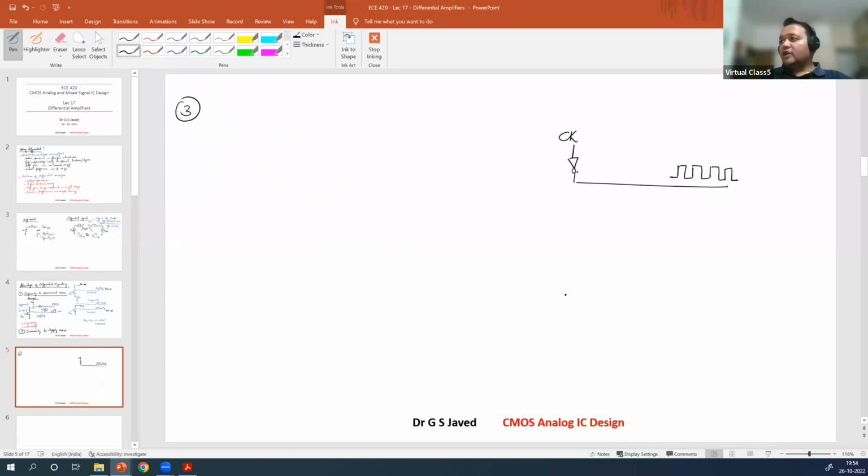Right? And second, you have another clock signal. Okay. Now, if you observe, the clocks are differential to each other, clock 2 and clock 1.